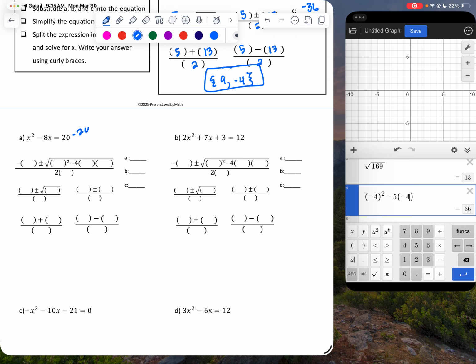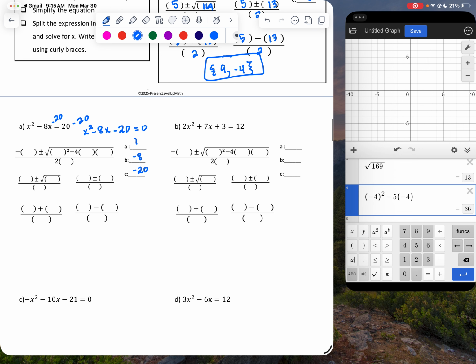So I'm going to subtract 20 from both sides, and that will give me x squared minus 8x minus 20 equals 0. So our a value is 1, b value is negative 8, c value is negative 20. There's my a, b, c.